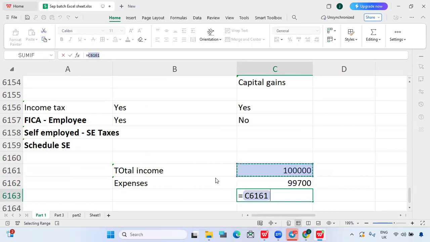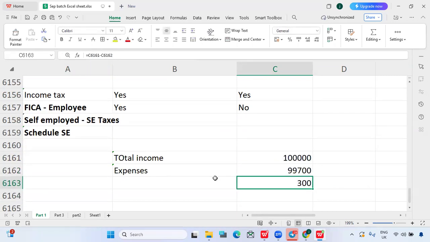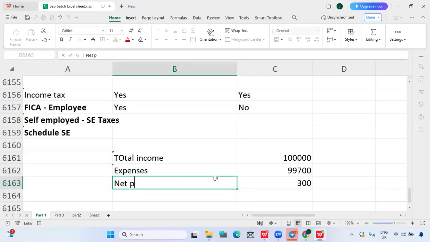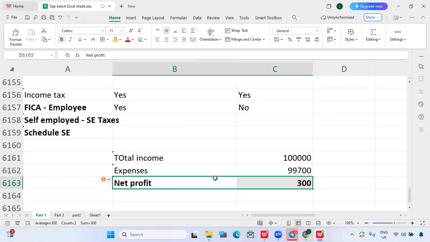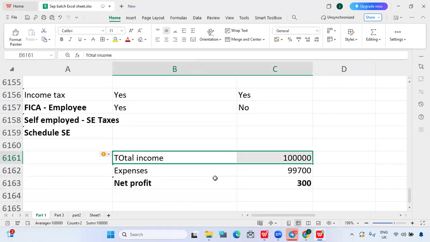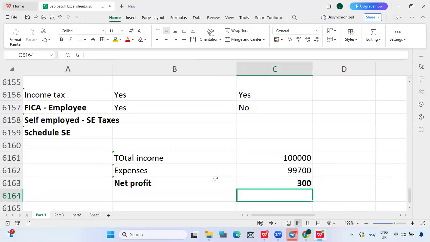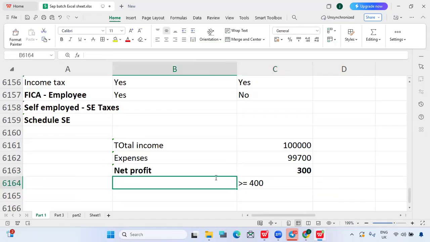Income 100,000 minus expenses 99,700, the balance we call net profit. For calculating self-employment taxes, do we need to see total income? No, it is not required. Expenses? No. We need to see the net profit only. If the net profit is more than or equal to $400, then we need to pay SE taxes.